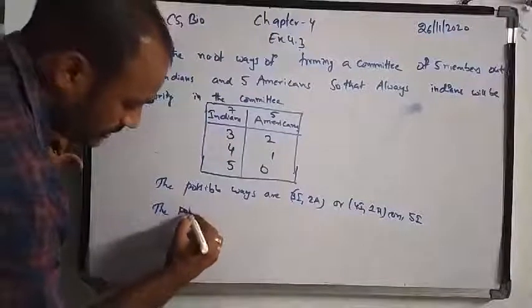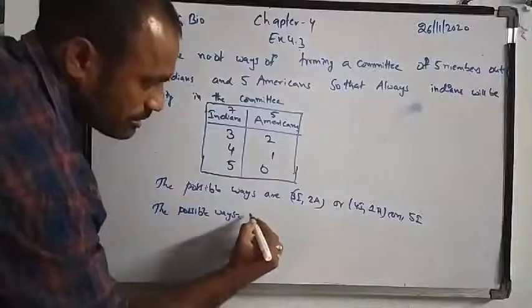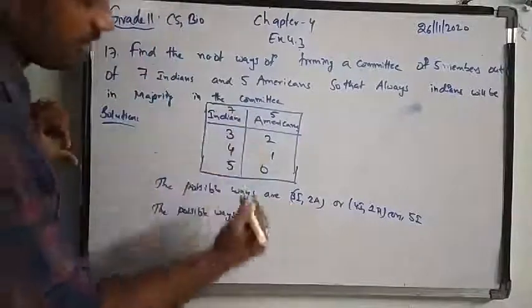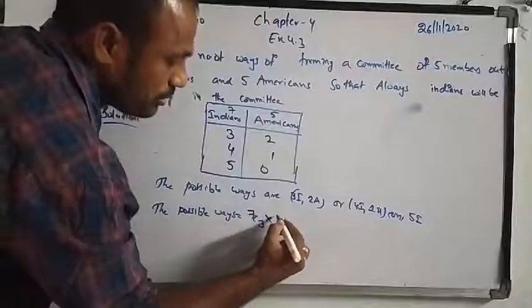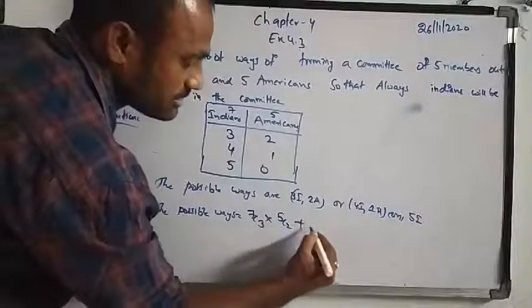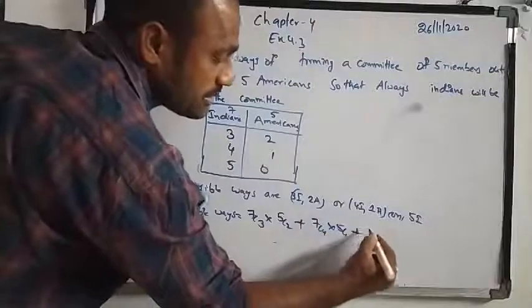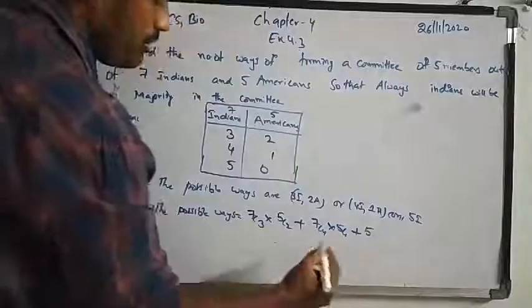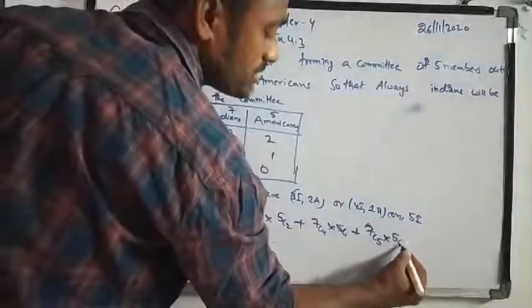Therefore, the possible ways is equals to 3 Indians we are going to select from 7 Indians, so it will be 7C3 into 5C2 plus 7C4 into 5C1 plus 7C5 into 5C0.